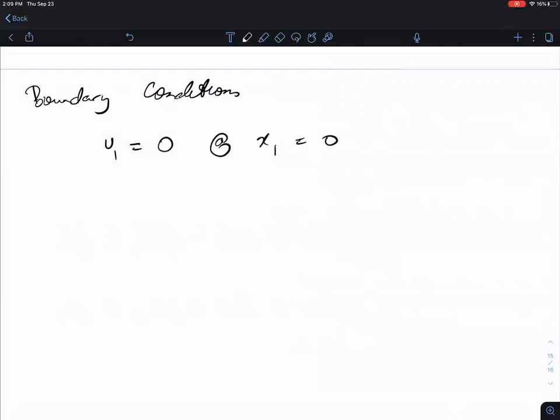Then at x1 equal to 2a, we're at the roller that's intermediate between the two ends of the member, and at that roller the displacement also has to be 0.